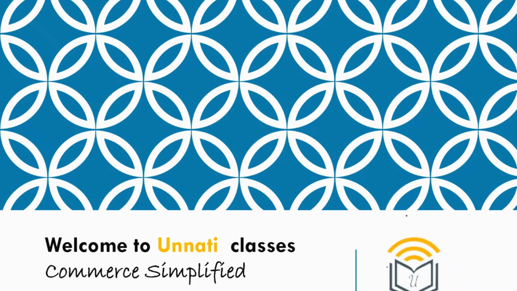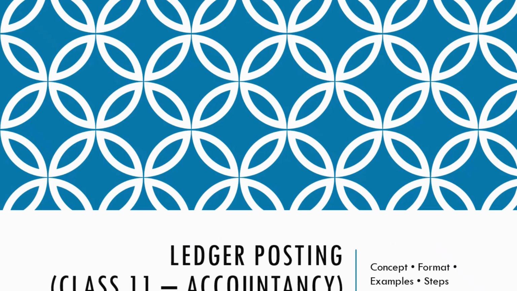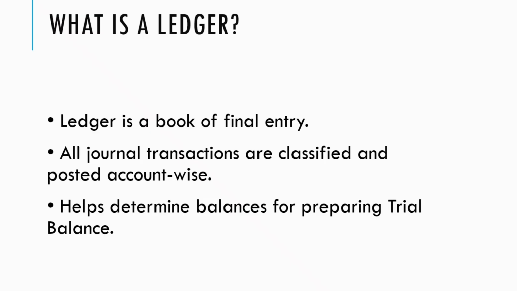So now, the next step in our accounting books is the ledger. So what is a ledger? Ledger is a book of final entry. Why do we call it a book of final entry? Because it is the book where we classify all our journal entries in one place and calculate the balance which we have in a particular accounting year.